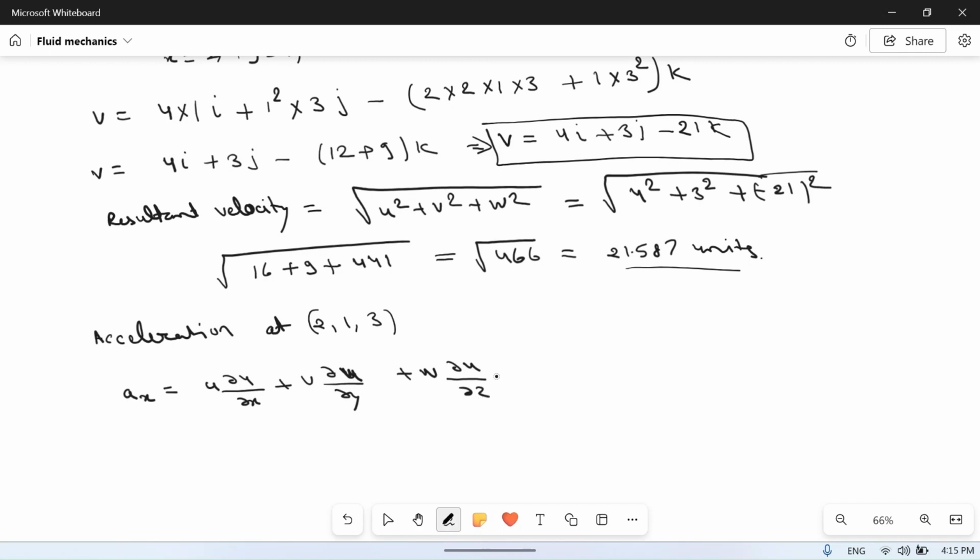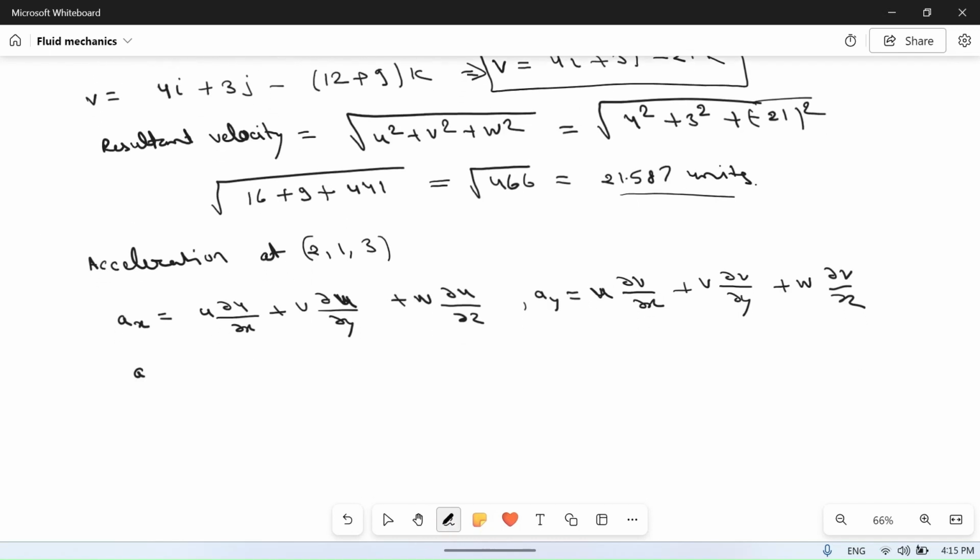Okay, ay is given as u del v by del x plus v del v by del y plus w del v upon del z. Similarly, az is given as u del w upon del x plus v del w upon del y plus w del w upon del z.